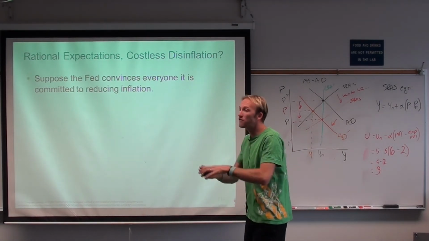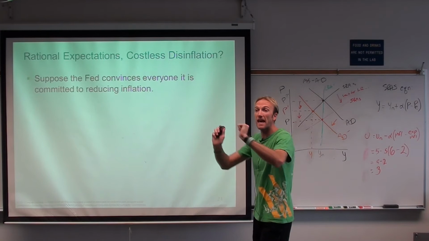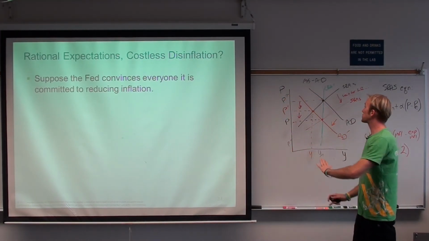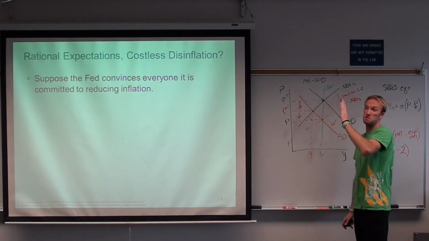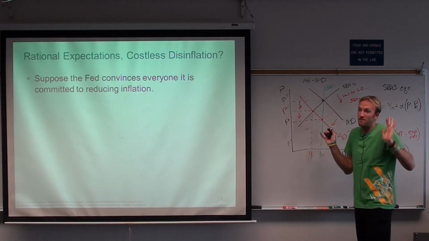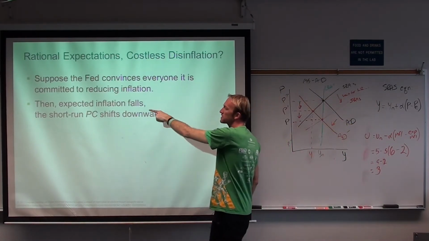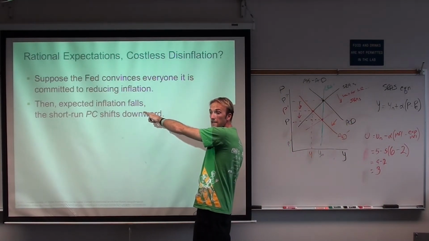I don't know. But if the Fed can convince everyone that, yes, I'm really going to bring down the inflation, so you can go ahead and move your SRAS curve right now, you don't have to wait 2 years, just do it now, right? If they do that, then expected inflation falls. Everybody believes the Fed.